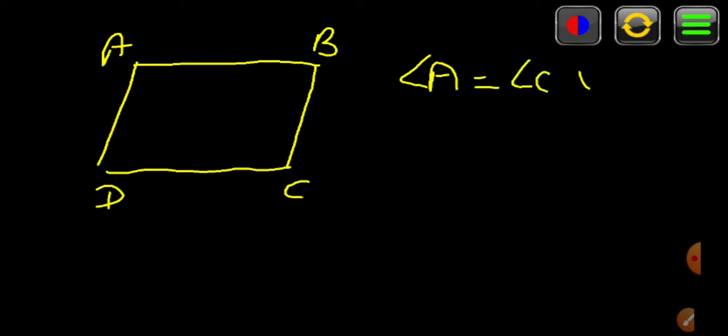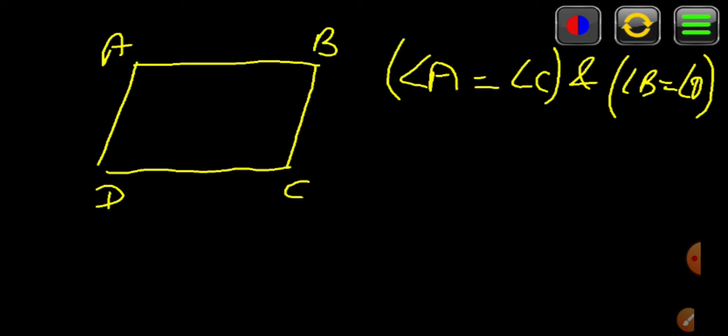Now, understand it. What the first point was: in a parallelogram, opposite angles are always equal. For example, if ABCD is a parallelogram, then angle A must be equal to angle C and angle B must be equal to angle D. The second point was the adjacent angles of a parallelogram are supplementary.